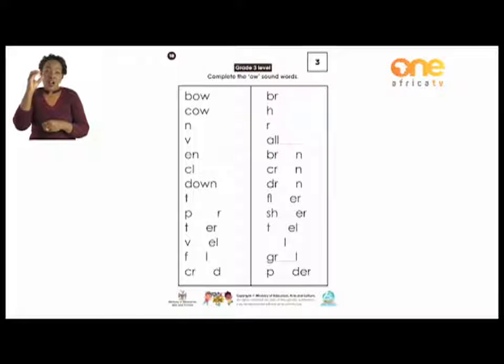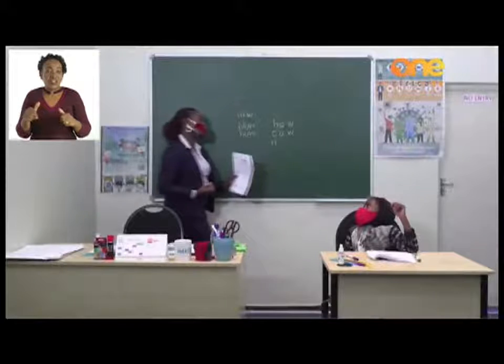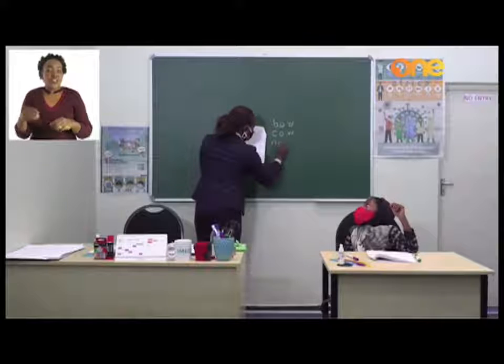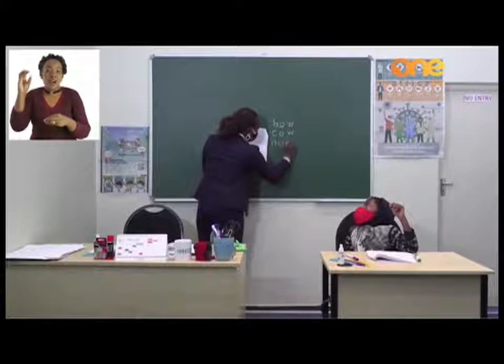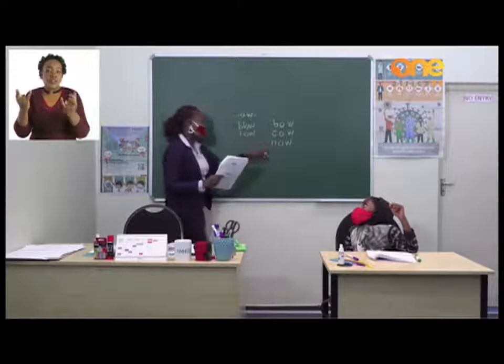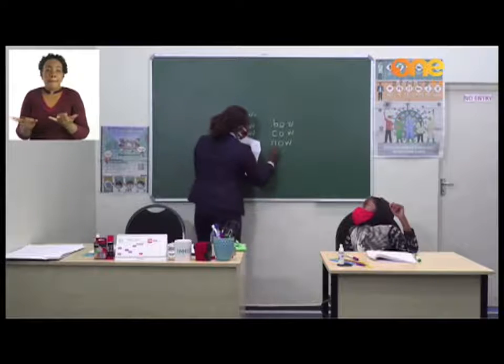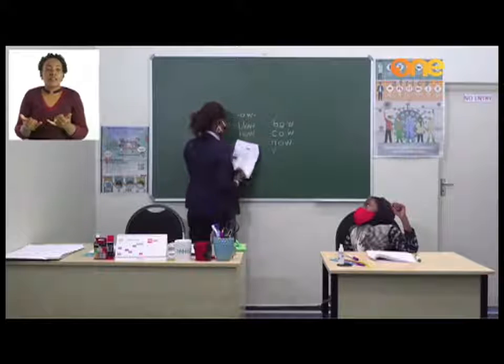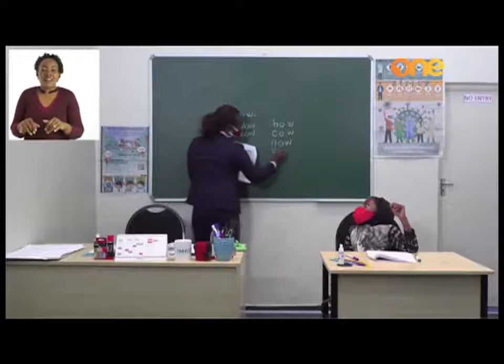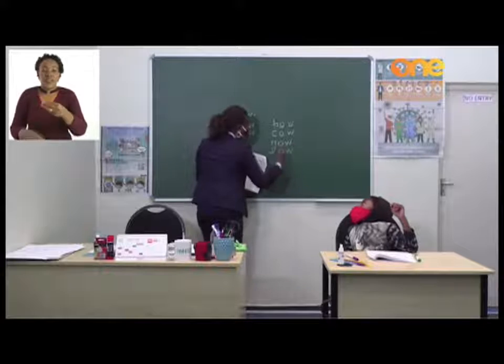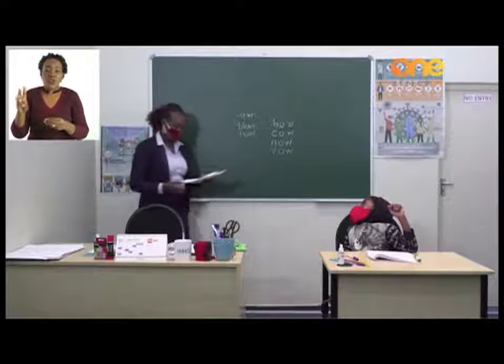Let me do the N and the V. If we take the N and we add our sound O, we will come up with the word now. Okay? Then we take a V and we add our sound O to make it a vowel.